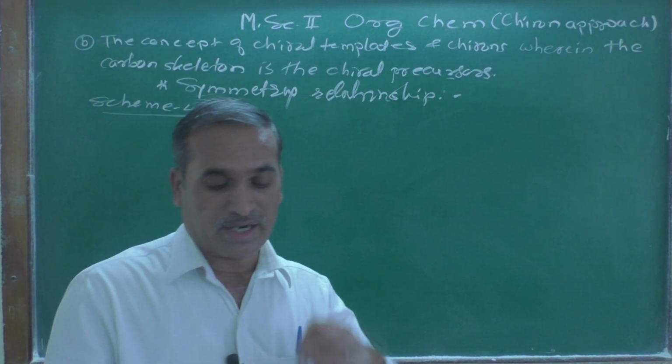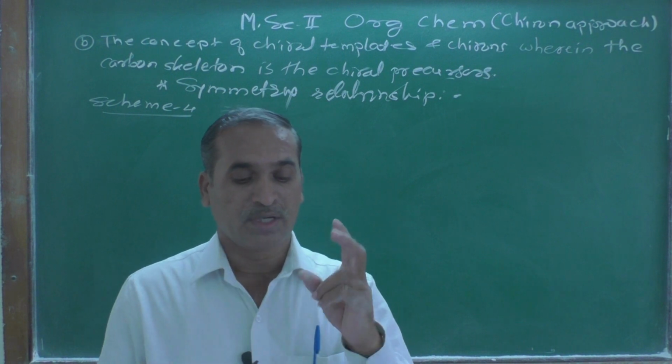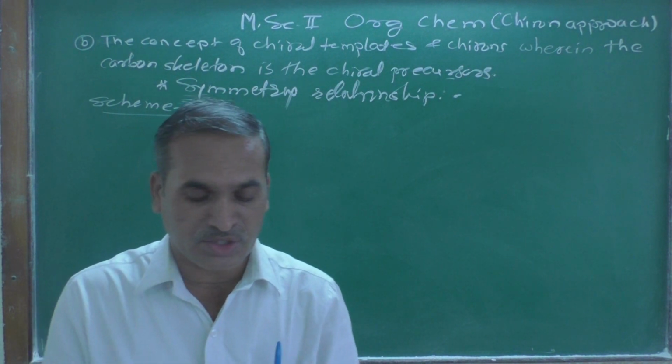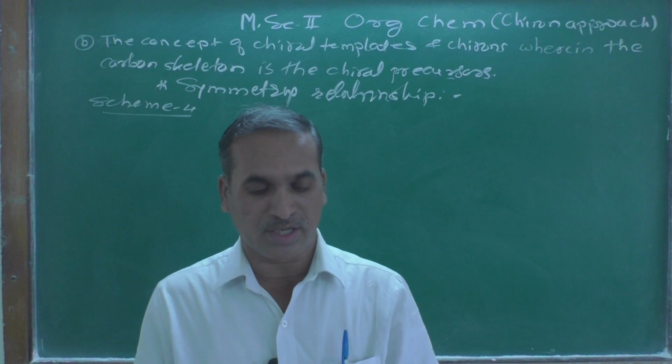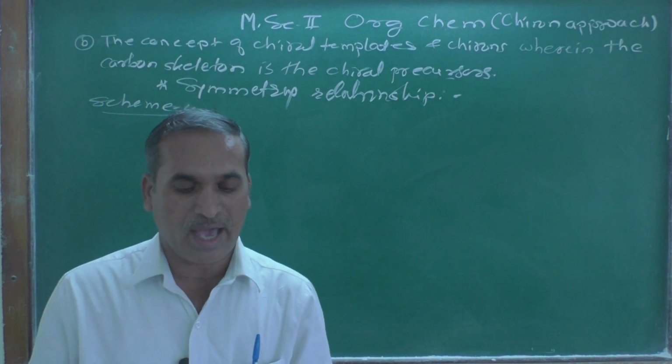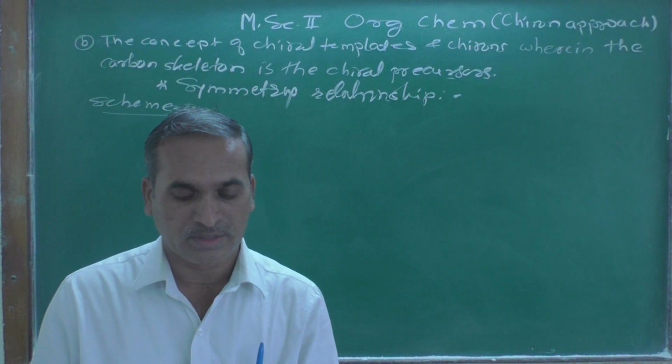And a Chiron is a combination of the words chiral and synthon, and represents a small chiral building block.